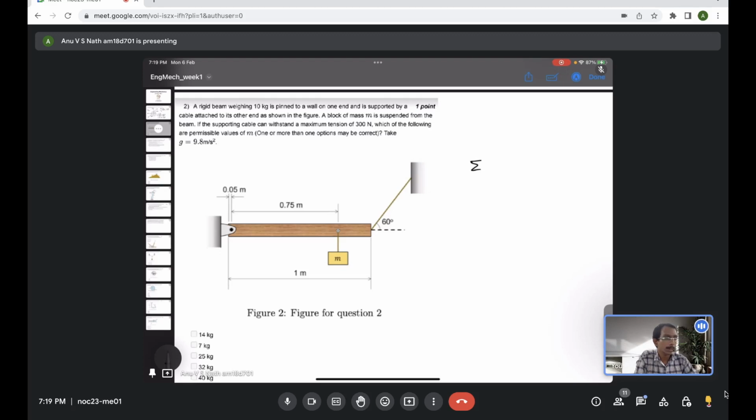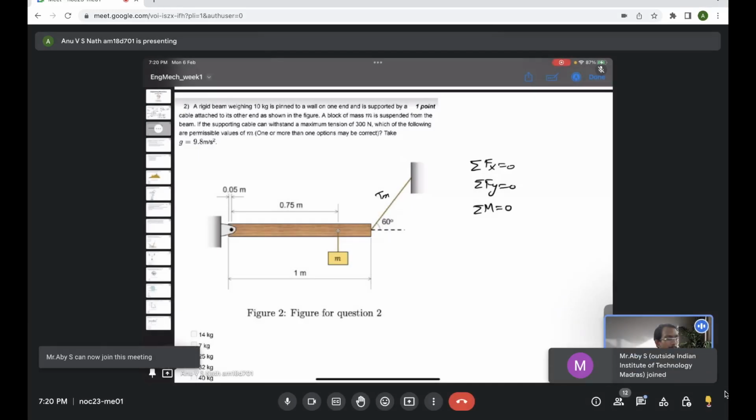So basically you have to consider sigma Fx equal to 0, sigma Fy equal to 0, and net moment equal to 0 for equilibrium. Here we need to find the permissible values of m. For that, the maximum tension which can be allowed in the string is given, which is 300 Newton.